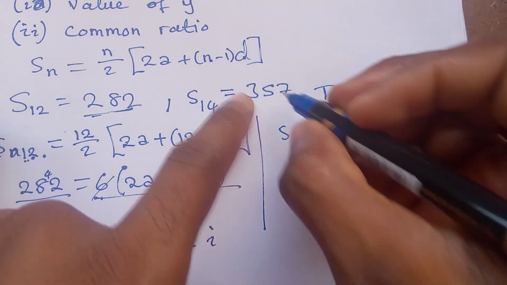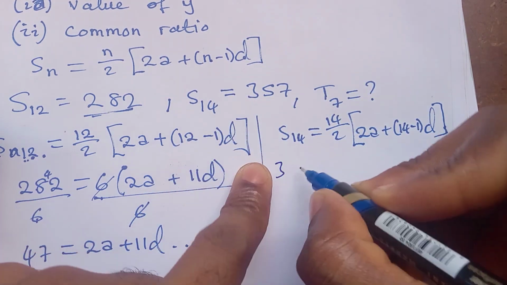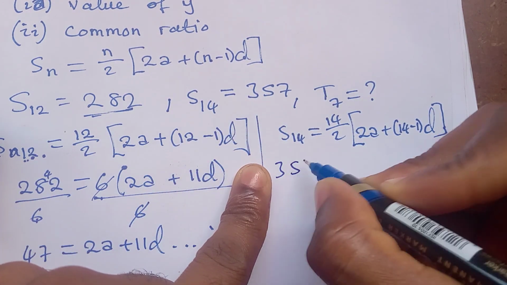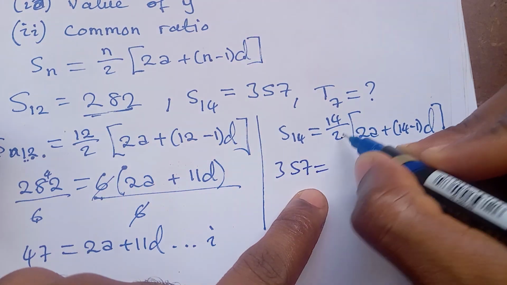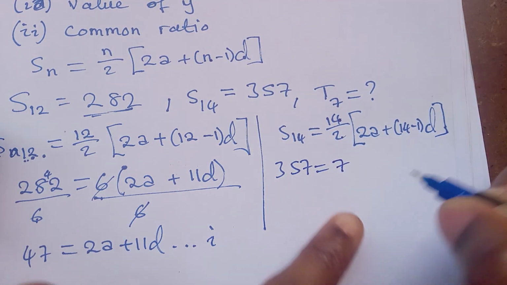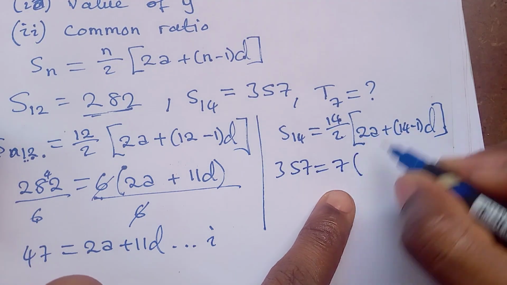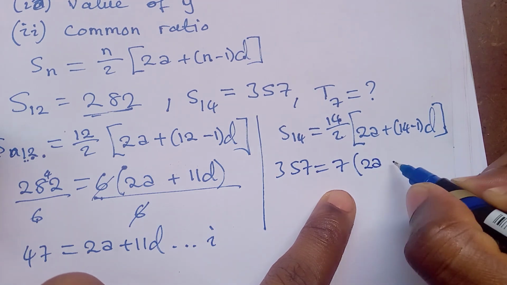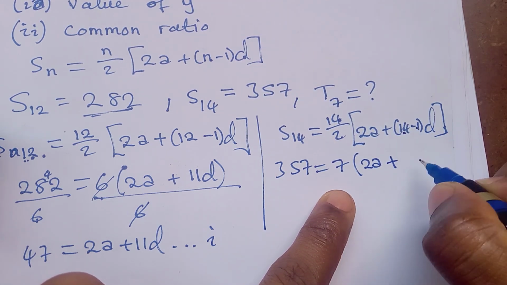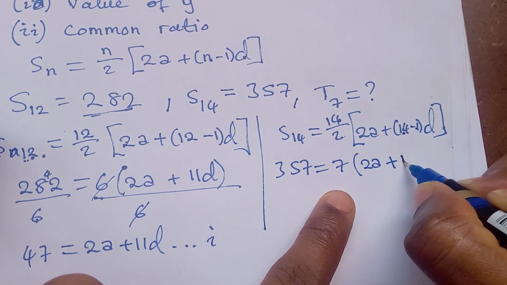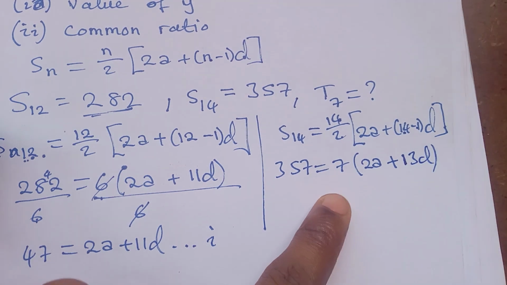So you can just substitute this in there and say 357 is equal to 14 over 2, this is 7, and then we have 2a plus 14 minus 1, this is 13d. Yes.